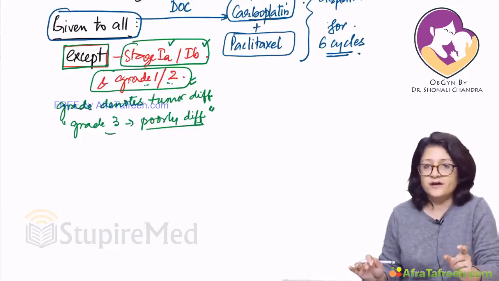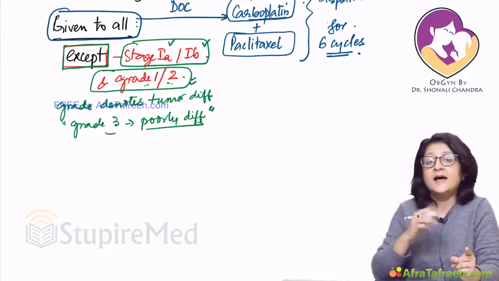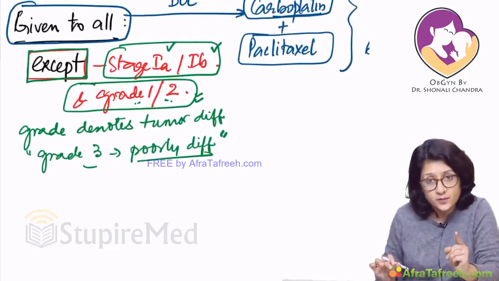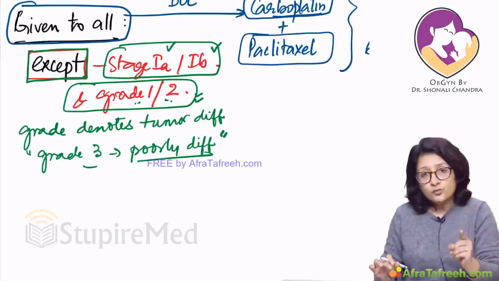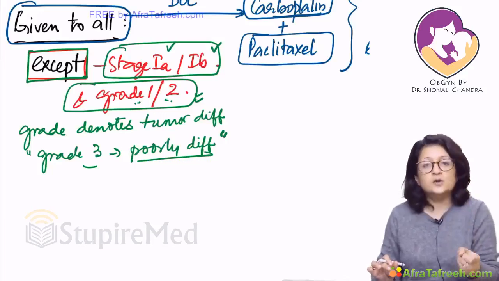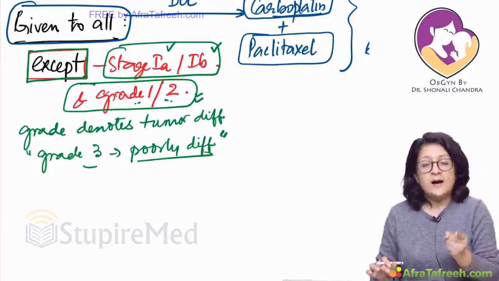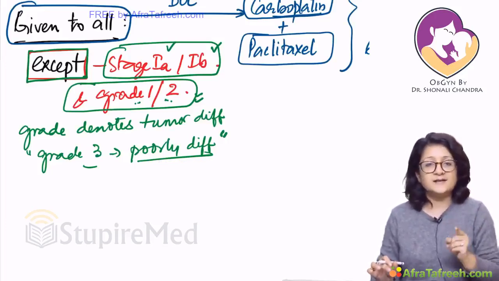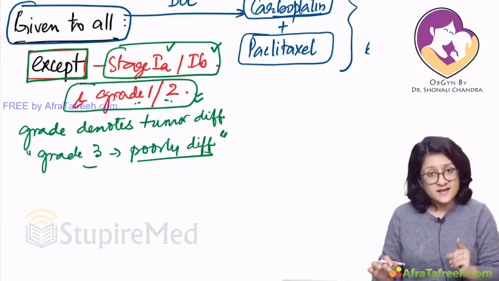ovary, limited to the ovary. It should not be stage 1C. That is why I made you memorize stage 1C. Stage 1C is important because the tumor, the cancer might look like being limited to the ovary, but if on histopathology it shows that the capsule was breached, that is stage 1C.